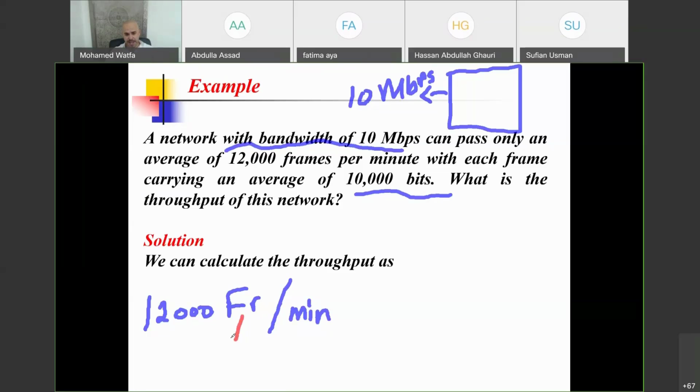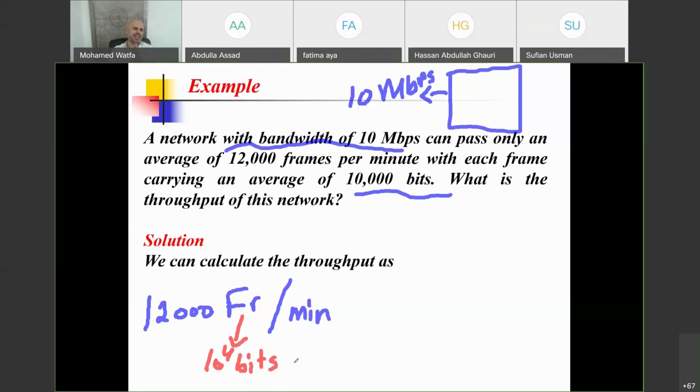So every frame of these is 10,000 bits, 10 to the power 4 bits. You see? Very nice.